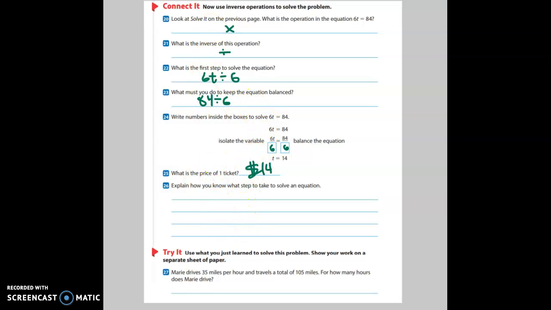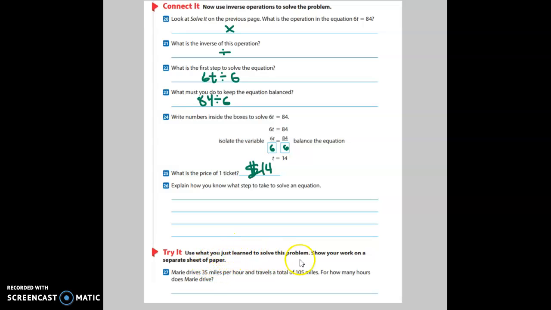So for number 26, you just would rewrite all these steps. There's basically 4 steps in solving an equation. You first need to identify the operation, then figure out what the opposite operation is, then use the opposite operation on one side, and then use it on the other side. Done. Okay, it's very straightforward. You're going to do that every single time you ever try to solve an equation.